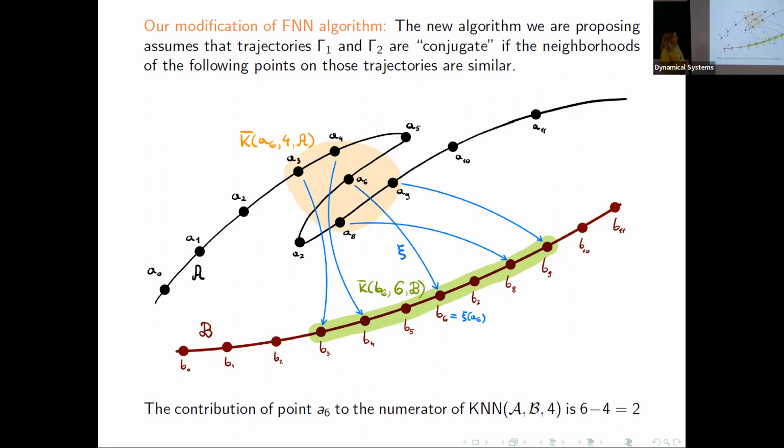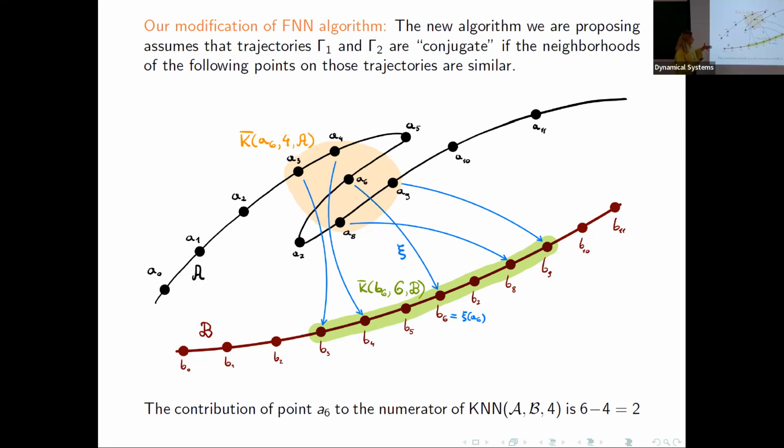But geometrically these neighborhoods are different, because here I have two other points, B5 and B7, which are closer to B6. So if I want to include correspondence of all the points in this neighborhood, then I need to consider not 4 but 6 neighbors over the corresponding point B6.